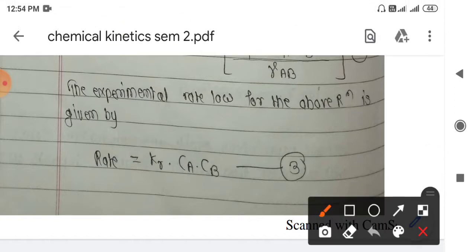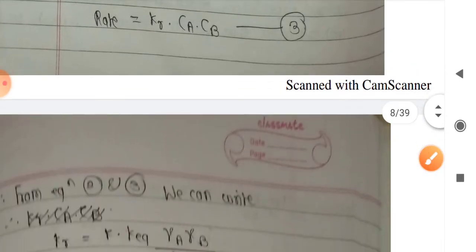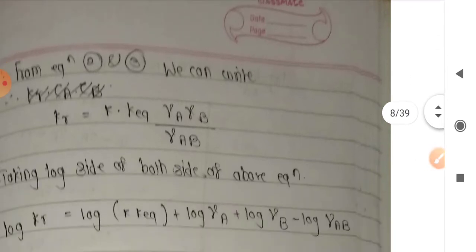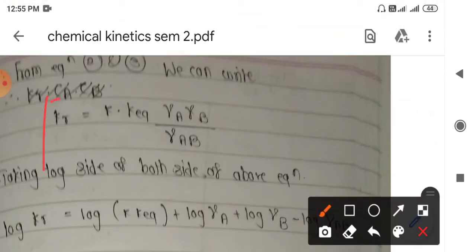So we have to find the rate depending only on the initial concentration of A and the initial concentration of B. So the experimental rate law depends on Kr, which is the experimental rate constant, into the concentration of A into the concentration of B. We just equate equation 2 and equation 3, so we get Kr, the experimental rate constant, equal to K, another constant, into K equilibrium into gamma A gamma B upon gamma AB.